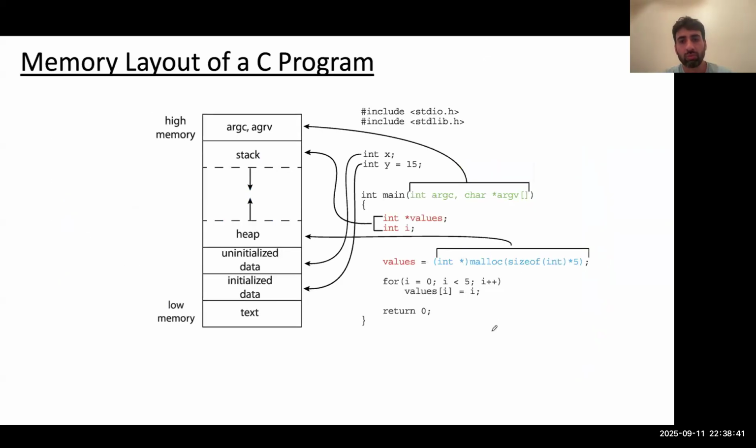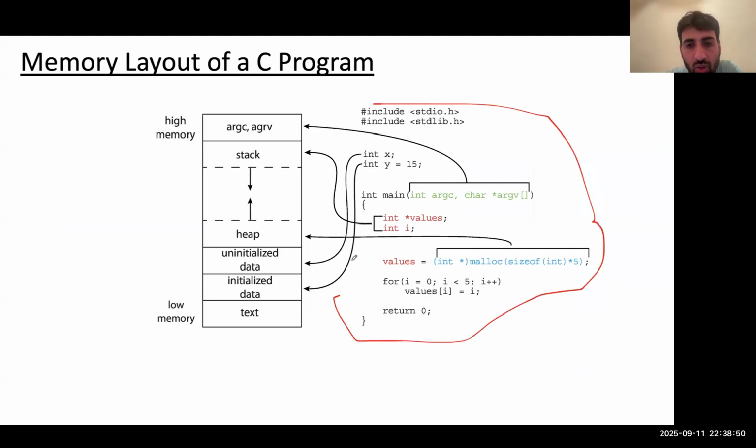Here is an example which shows how this works. Let's say you have this program. When you load it in memory, it becomes a process, right? Then different parts of the program are loaded into different sections of the memory allocated for the process. Let's look at how these different parts of the program map into the different memory sections.